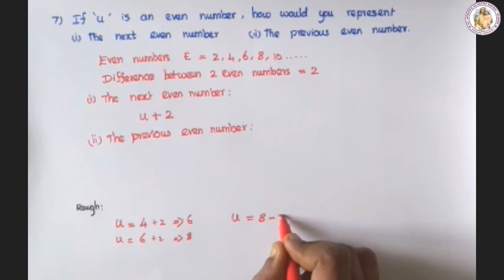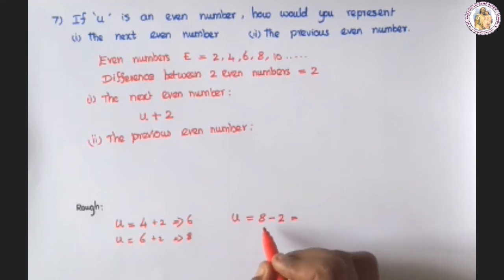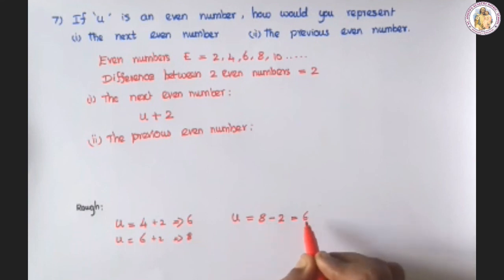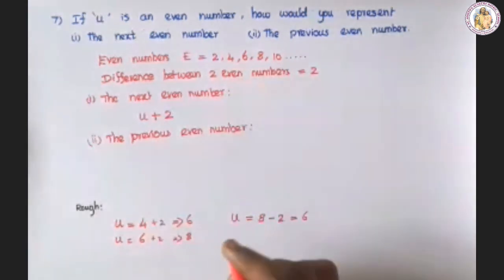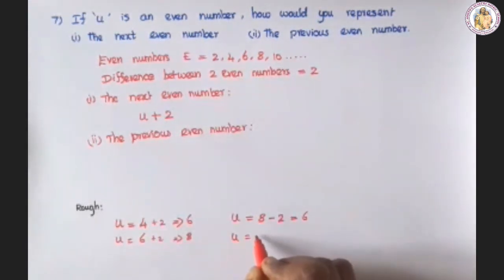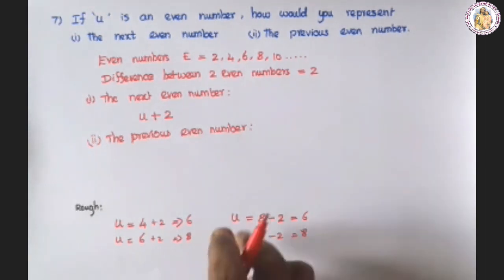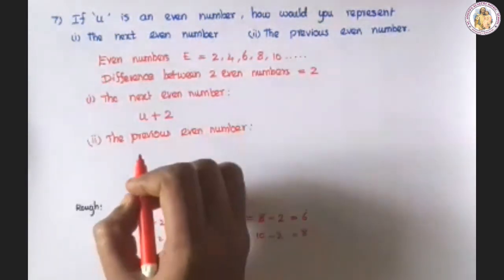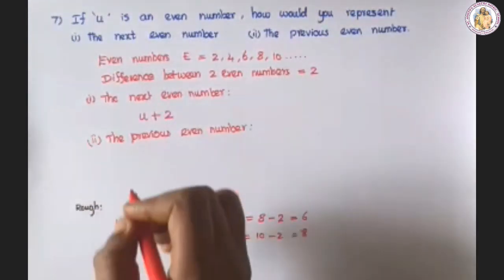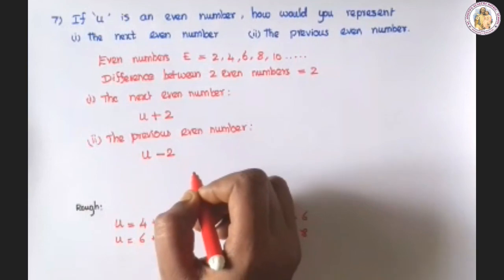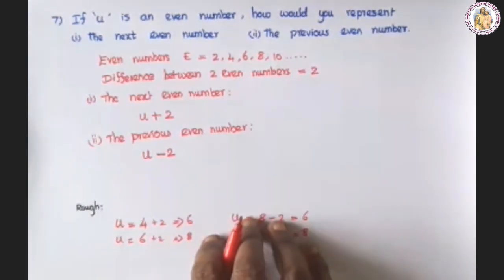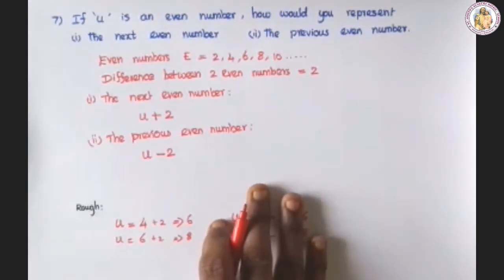If you subtract 2 from that number, we get the previous even number. 8 minus 2, 6. If you take u value is 10, minus 2, you get 8. That is the previous number. So u minus 2 is the answer.